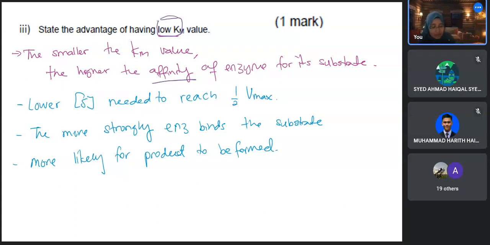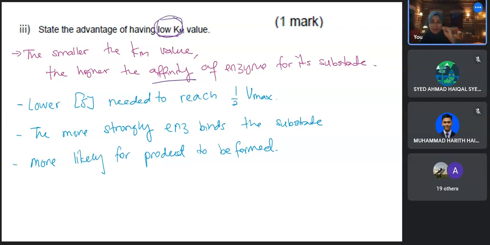The substrate with the lowest Km value will attract the enzyme more. So if you put a small amount of substrate into the reaction, the enzyme will straight away catalyze the reaction. The reaction does not need so much substrate to be added. Just a little concentration of substrate, and the enzyme will straight away catalyze the reaction. That is what the Km indicates.